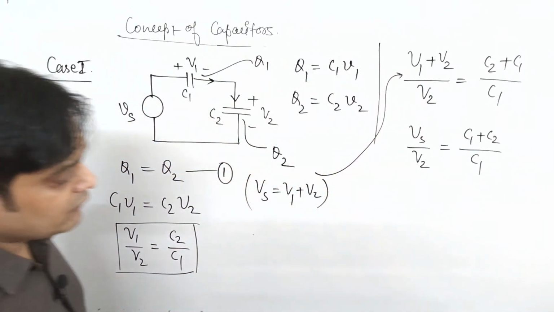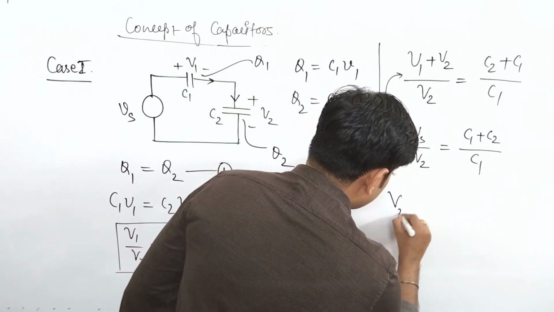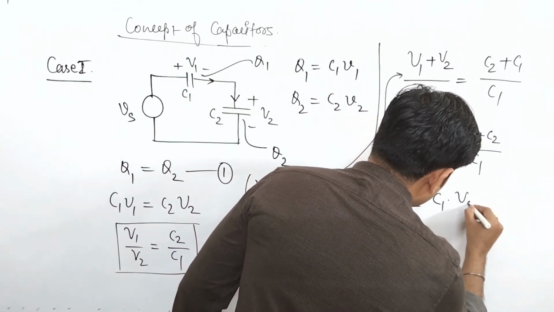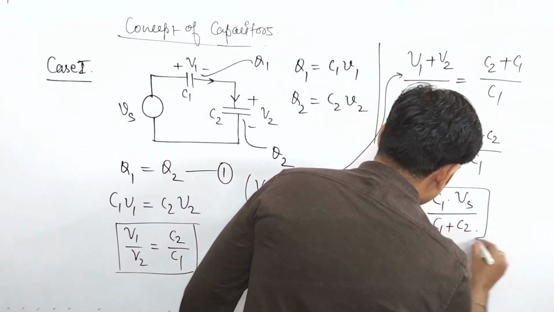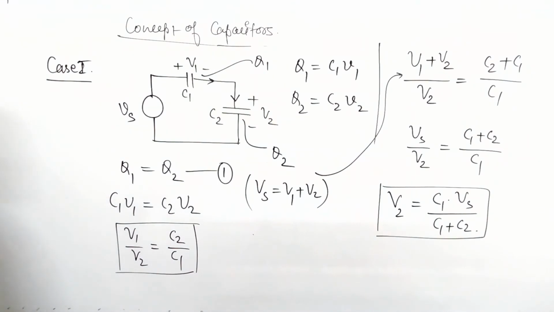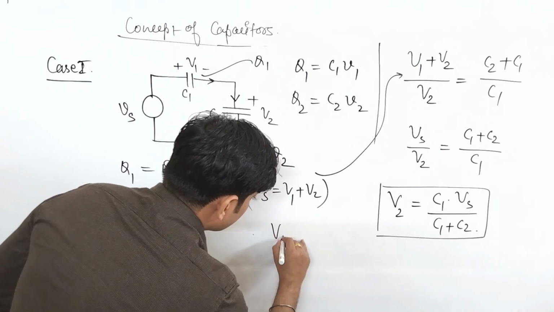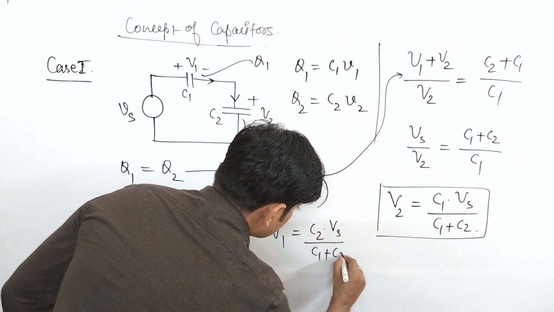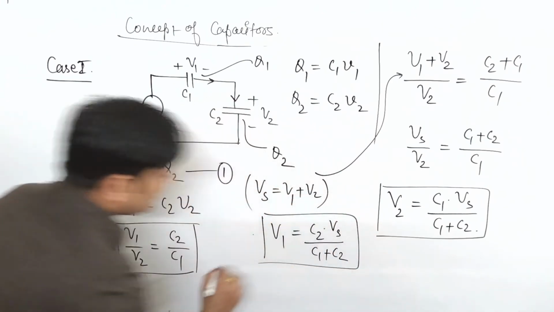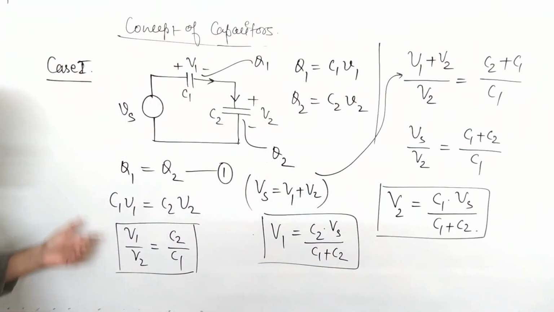Since we have to find the value of V2, V2 comes to be C1 into Vs upon C1 plus C2. Similarly, you can find the value of V1, which comes to be C2 into Vs upon C1 plus C2. Okay, so we understand how we found these values, V1 and V2.